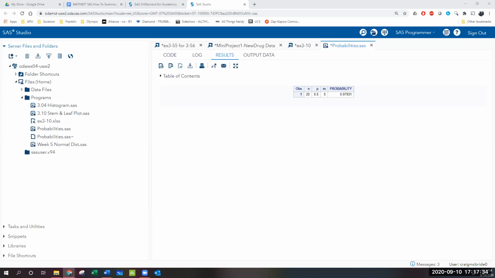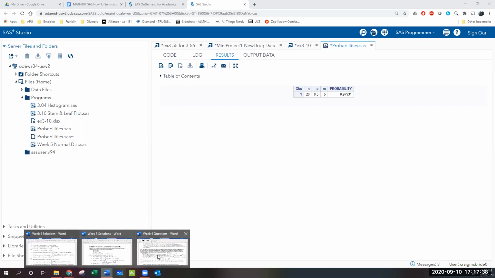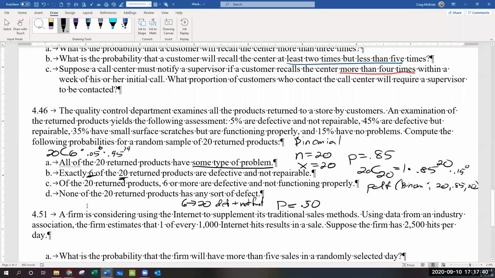And then the last part, the last question, is back to one of those absolutes where it says none of the return products has any sort of defect. So basically all of them are defect free, right?